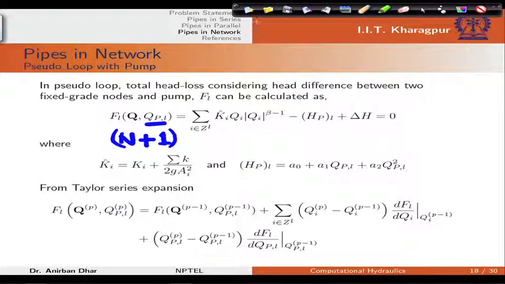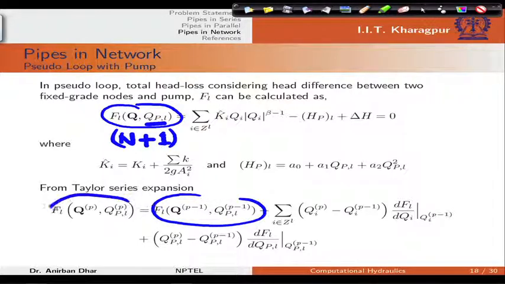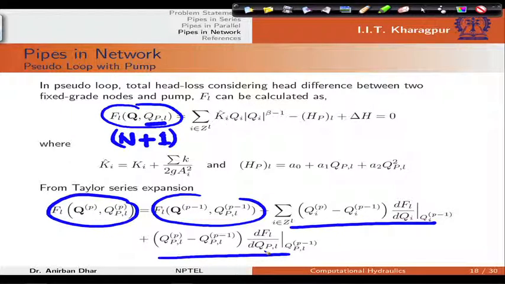So, I have included it in this function, again here on the left hand side also, and in the derivative calculation we also need to add this. So, this is the quantity which is coming for individual pipes, and this is the quantity which is coming for pumps.